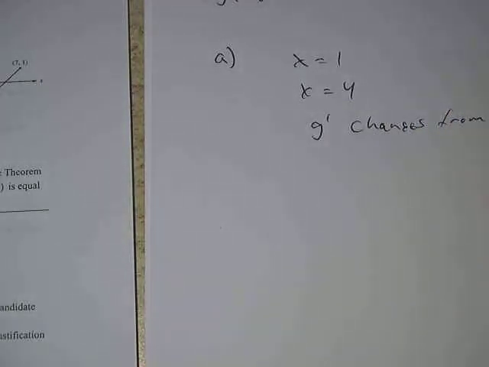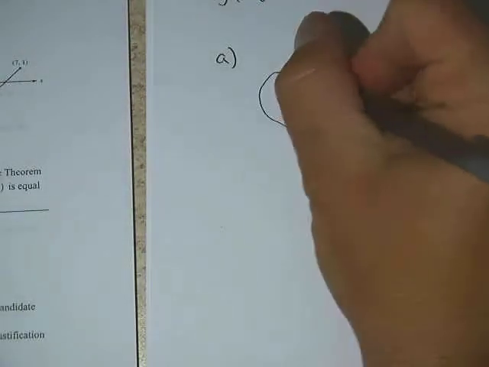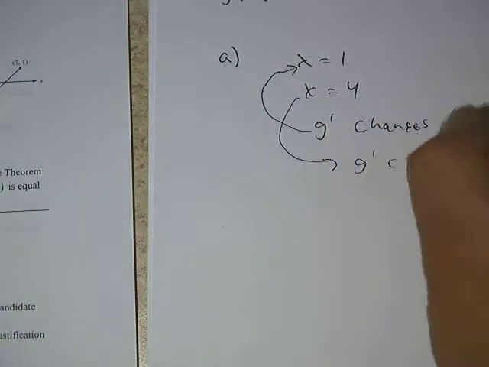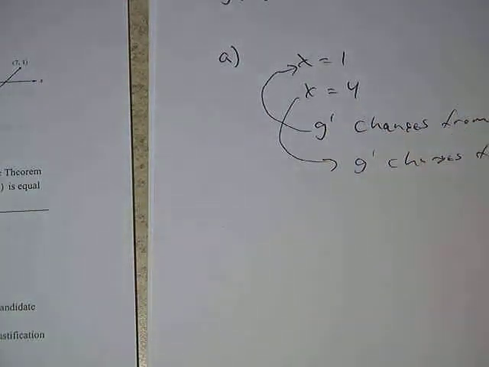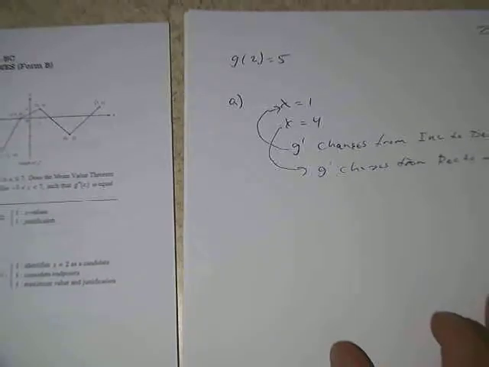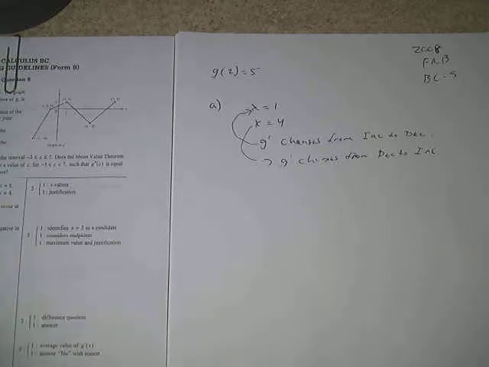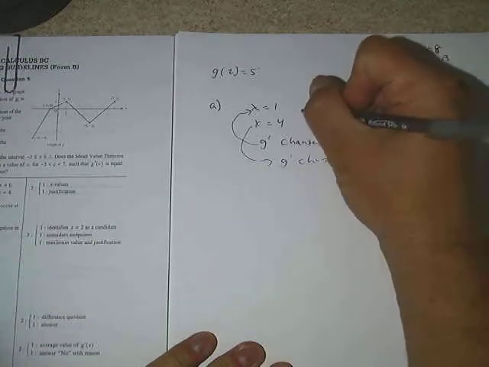What could we say for that? We could say that g prime changes from increasing to decreasing at this one, and at this one, g prime changes from decreasing to increasing, which ultimately makes the second derivative of g change from positive to negative.